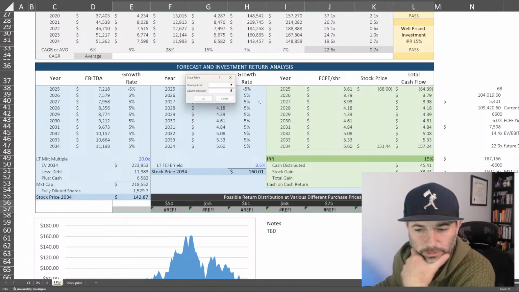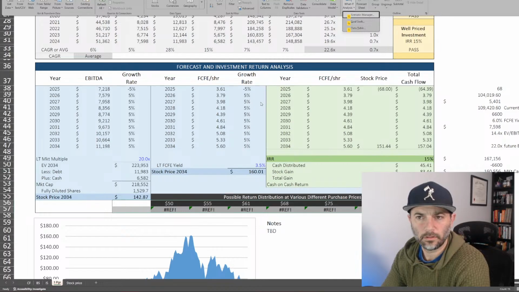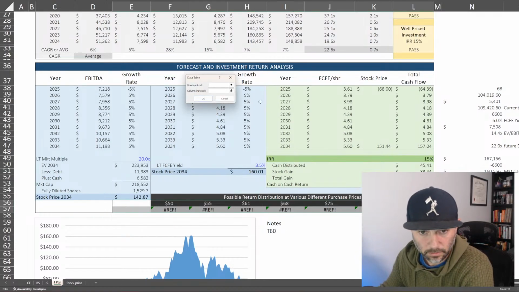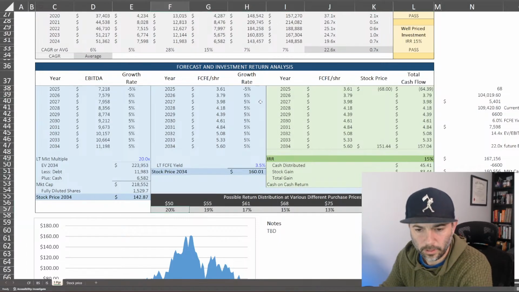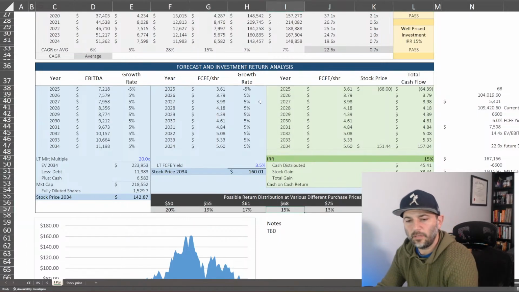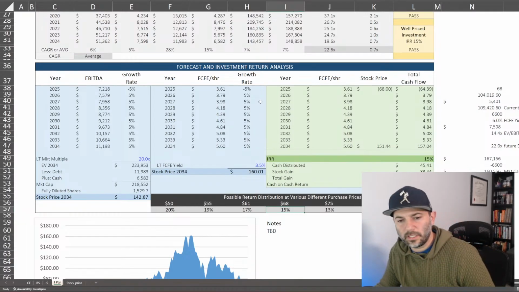Insert row. See, scenario data table, that's what I want. I want this number here. There we go. So 15% IRR if it's $68 a share. If it drops to 60, it's 17.